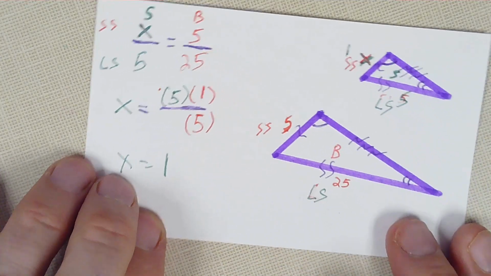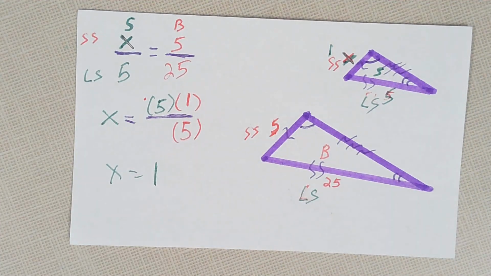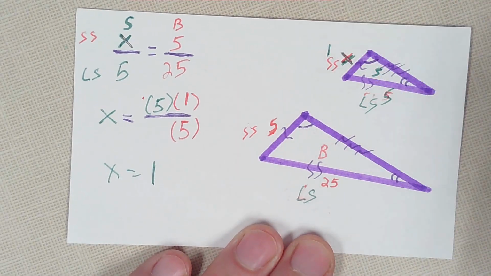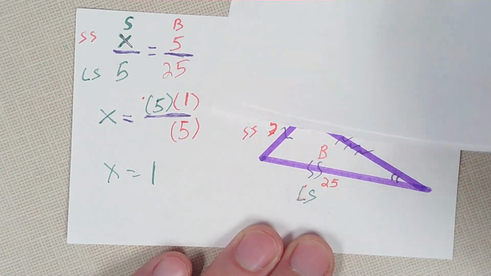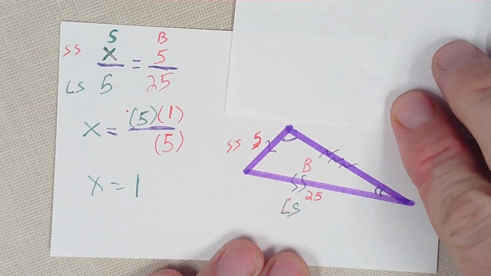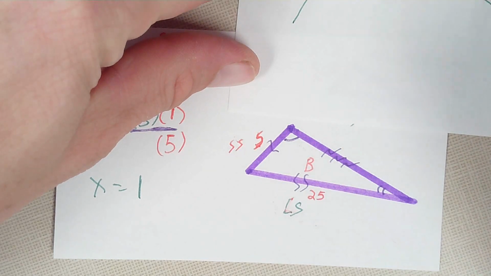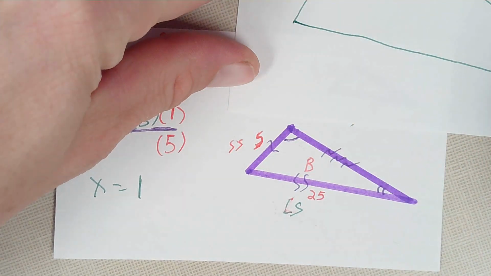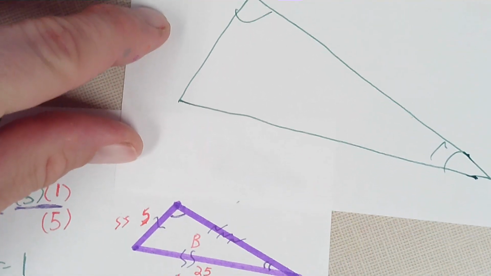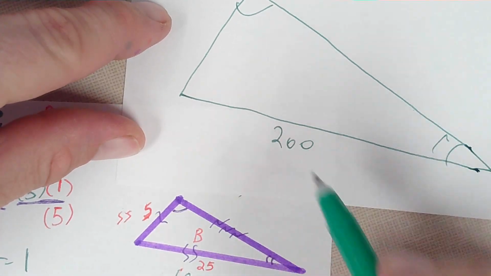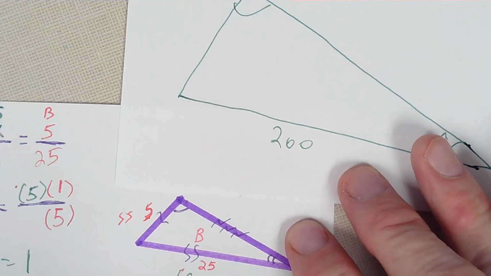Now I want you to think, if I took this one out, and maybe I put another one in that was really big, like this big, with similar angles, so they were similar triangles, and this was 200. Would I have to do all that math again?